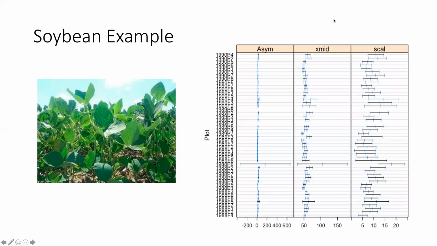So one of the things I do as a preliminary step to fitting a nonlinear mixed model is I fit an individual nonlinear regression to each one of my plots, in this case. Each individual plot is the experimental unit where you actually take the repeated measurements of weight or height or anything else.